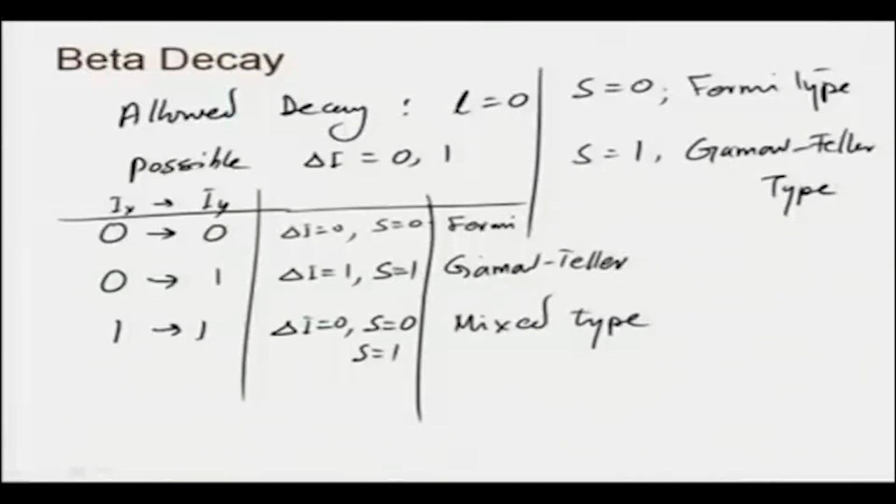All right. Now, let me come to the parity considerations. Parity of x is on the left hand side in the initial state, and parity of y times, parity is a multiplicative quantum number, you multiply it to get the total resultant.